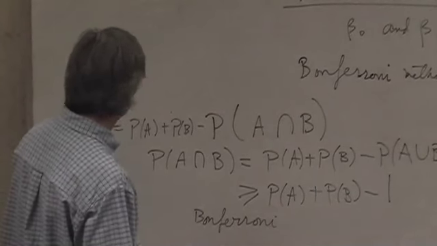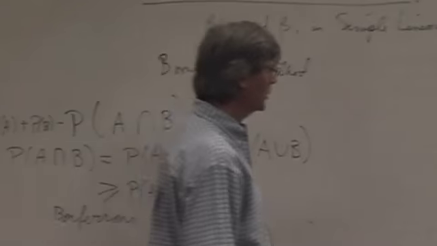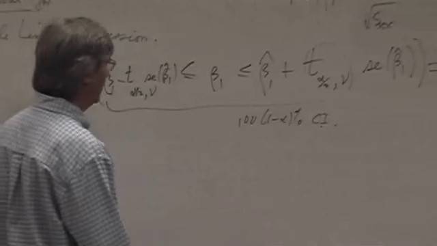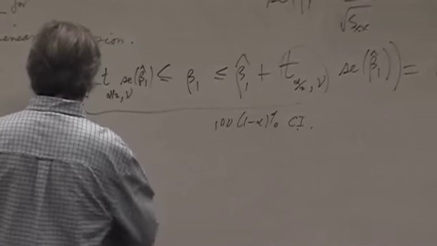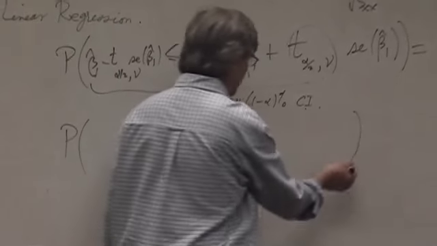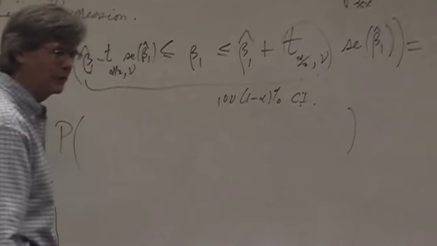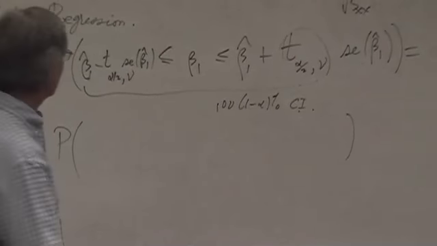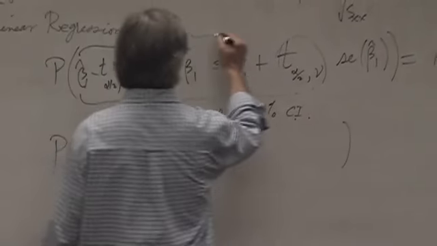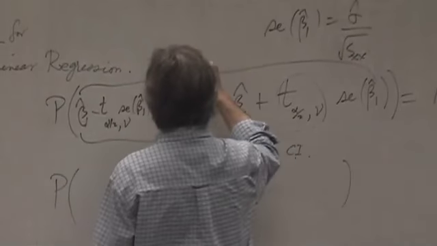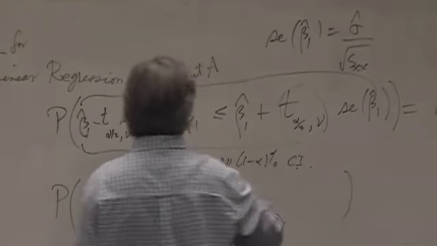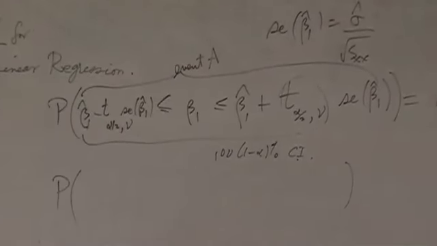But what I need now is the joint confidence interval. Now I claim that if I take two random intervals and then take the intersection of the events that they both contain, that's event A. Let's call this event A. And then have a corresponding event B that beta 0 is within its interval.